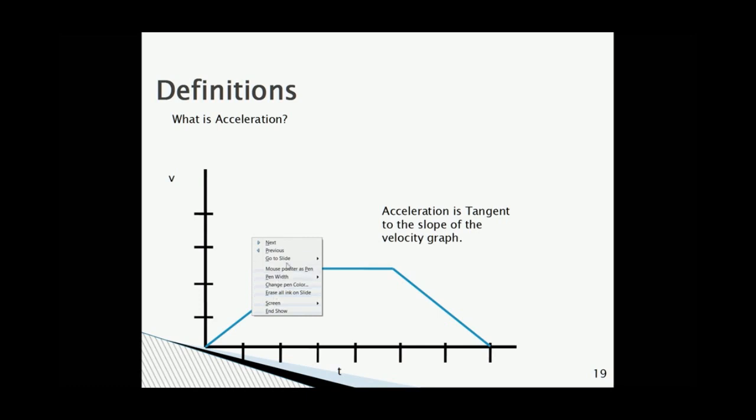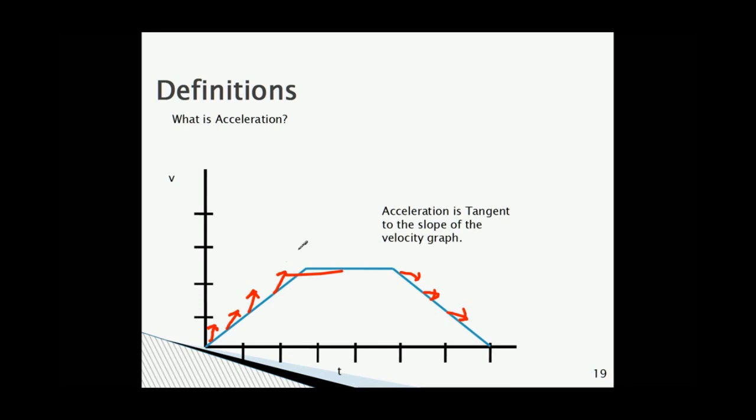Once again, I'm going to draw this out. But velocity is the change, or excuse me, acceleration is the change in velocity with respect to time. And here we see it is the slope, tangent to the slope of the velocity graph.